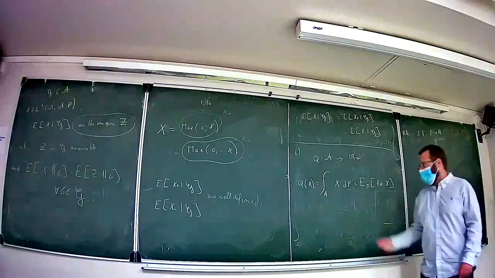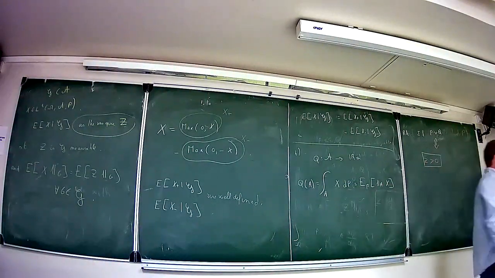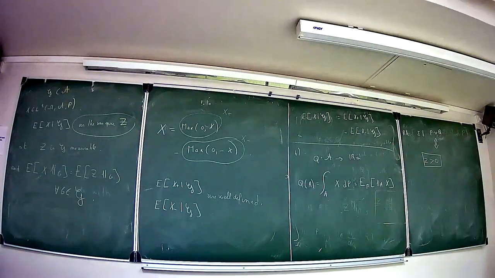Okay? So what I want you to prove is, first, that Q is bounded, and secondly, that Q is a positive measure, that is, something that fulfills the sigma additivity property.